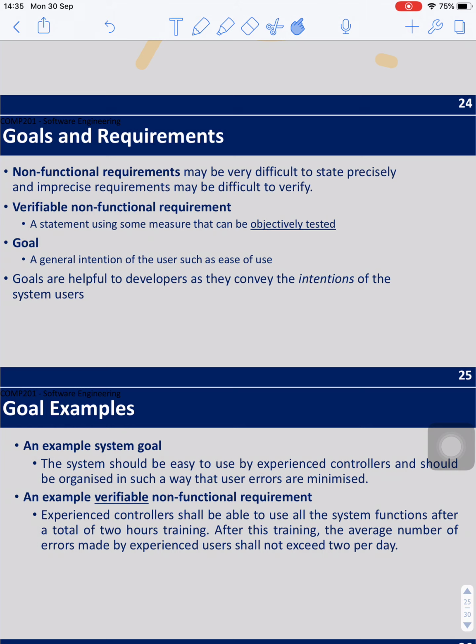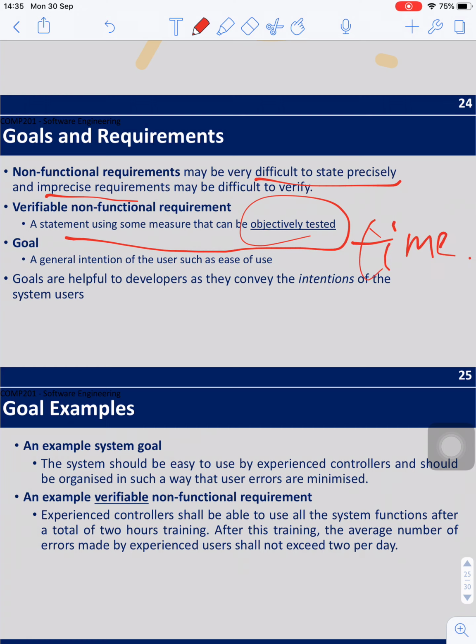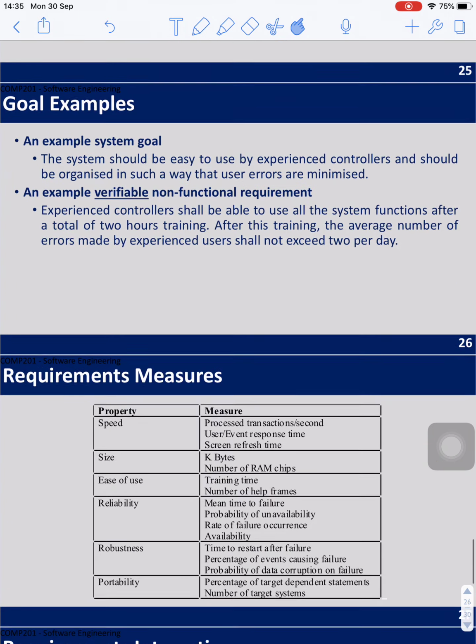There are two kinds of non-functional requirements. One is the goal, which can be very hard to state explicitly, and one can be objectively tested. Maybe it's the time. The goal is the general intention of the user, which is helpful for developers. They convey the intention for system users.